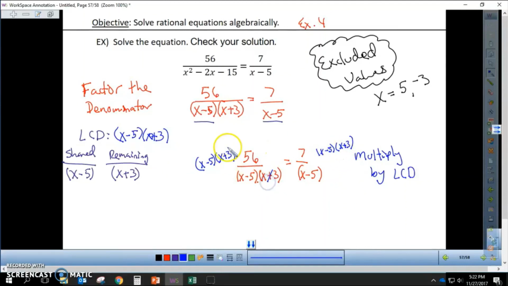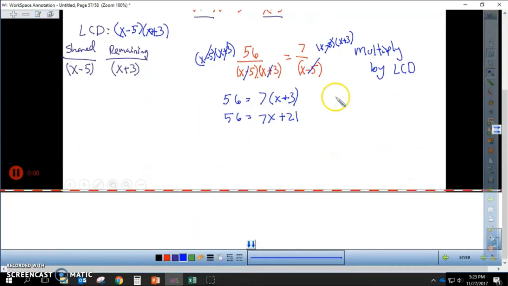So x plus 3 cancels out, x minus 5 cancels out. Over here, x minus 5 cancels out, and we are left with 56 is equal to 7 times x plus 3, which gives us 56 is equal to 7x plus 21.